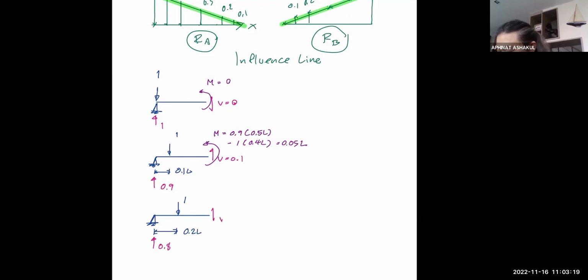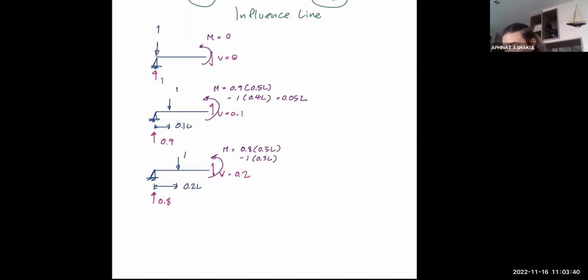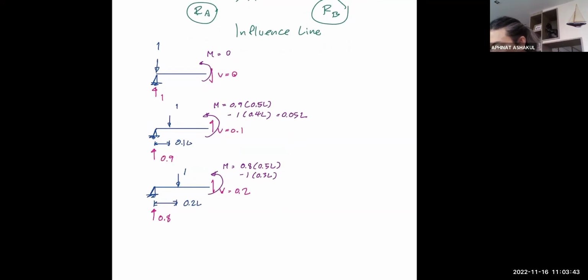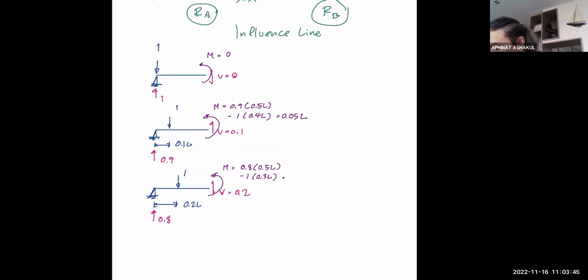It's upward, and V is equal to 0.2 to maintain sigma Fy equal to 0, right? And the moment now is equal to 0.8 multiplied by 0.5 L as usual, minus 1 multiplied by 0.3 L. And this is 0.1 L, right?